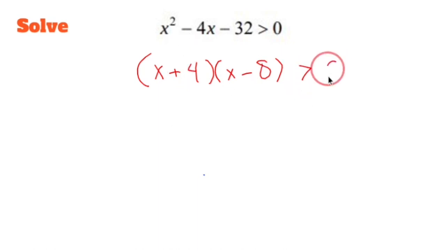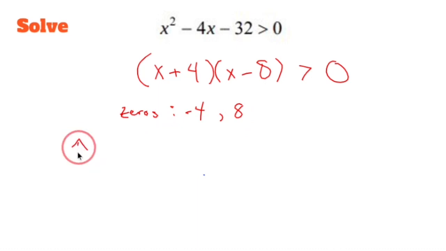So now that I have this, I have a slightly better picture where I know my zeros are going to be negative 4. My zeros are going to be negative 4 using the zero product property. It's going to be the opposite of that, and it's going to be positive 8.